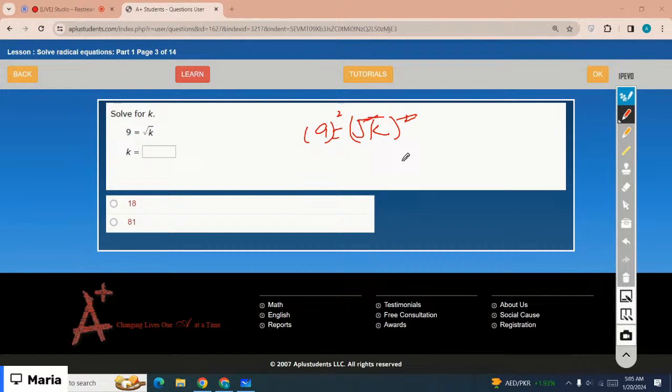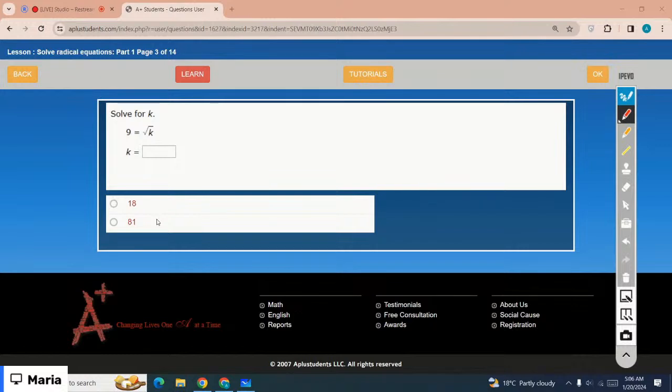Square and square root cancel out, you are left with k equals 9 squared equals 81. So the correct option is 81, right?